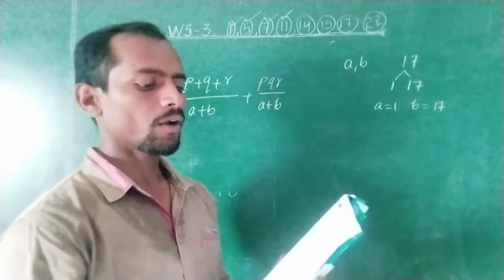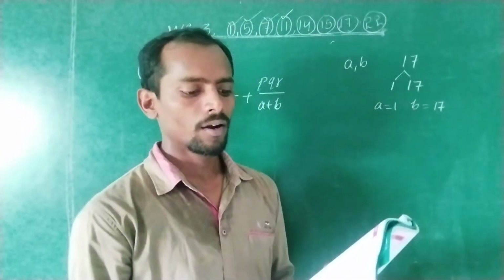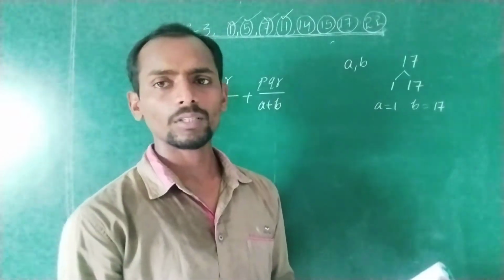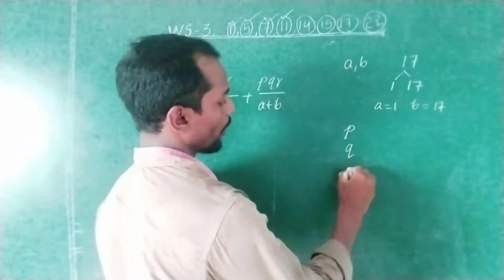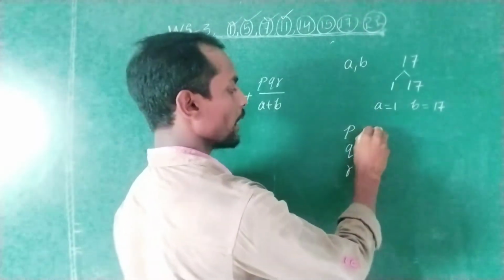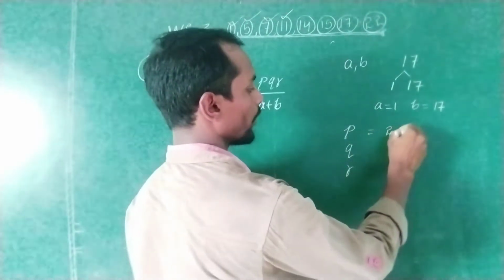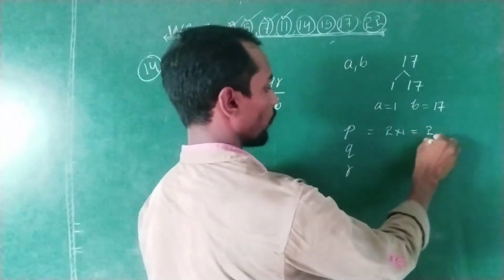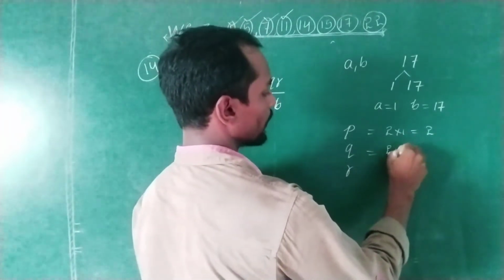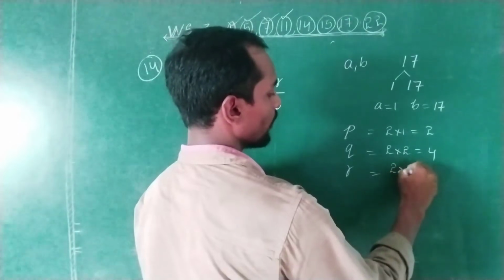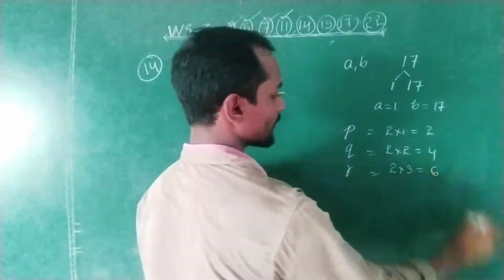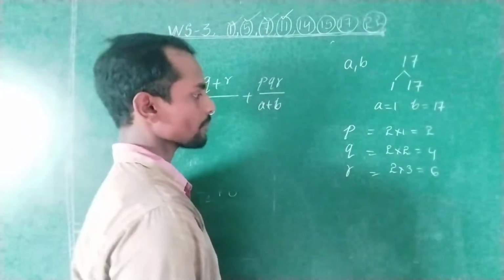Next, P, Q, R are the first three multiples of 2. What are P, Q and R? First three multiples. Here 2 into 1 is 2, the first multiple of 2, the second multiple of 2, and the third multiple of 2. 2 threes are 6.